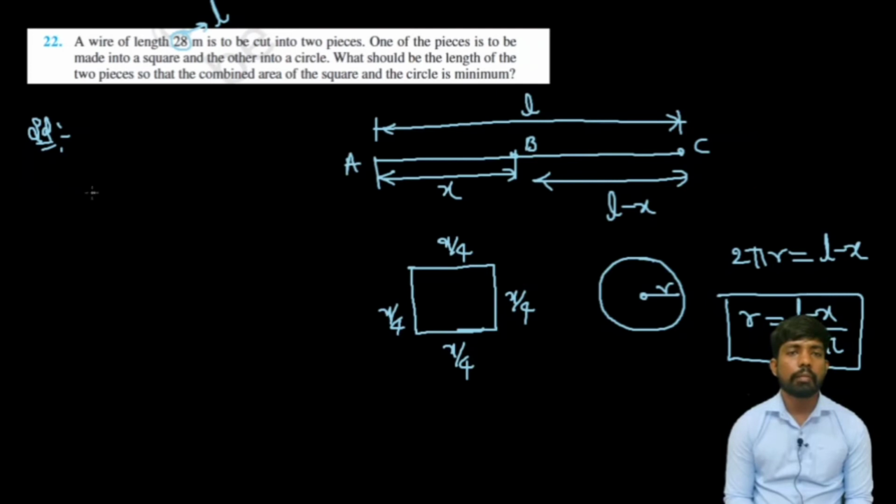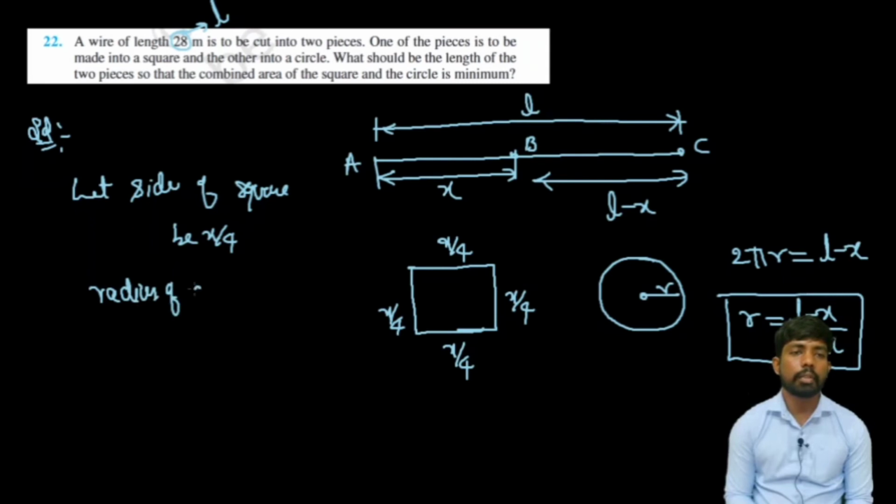So here the function: let the side of the square be x by 4, and the radius of the circle be L minus x by 2 pi. Now what is it asking? Area. Frame the function area, A of x.